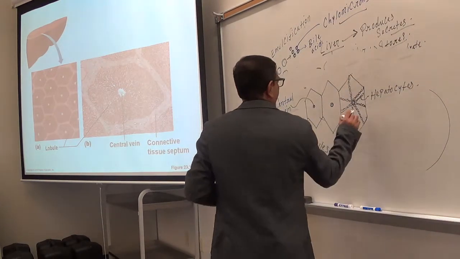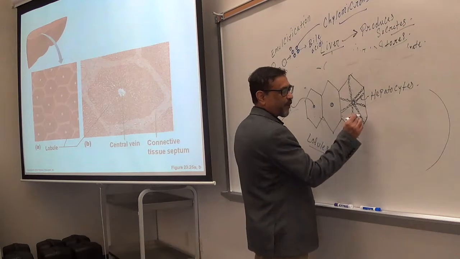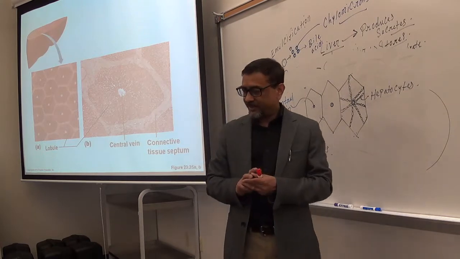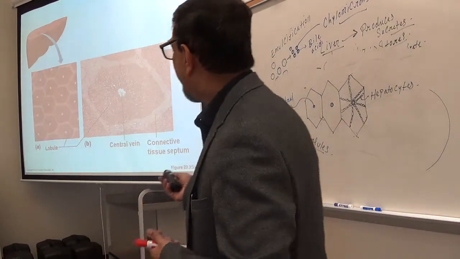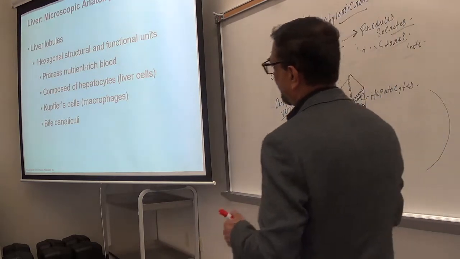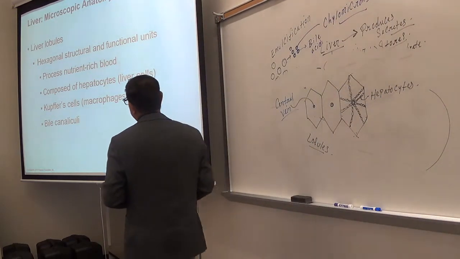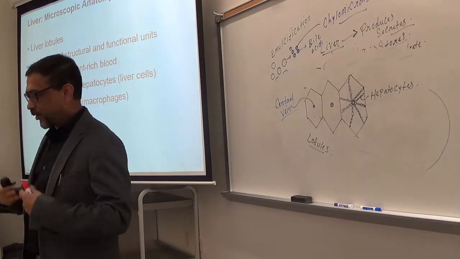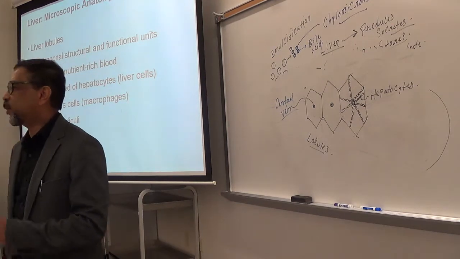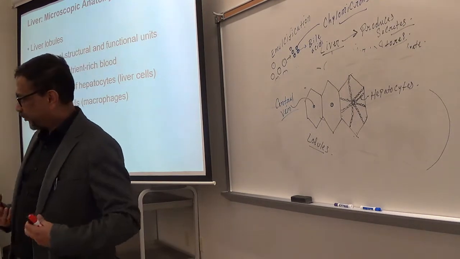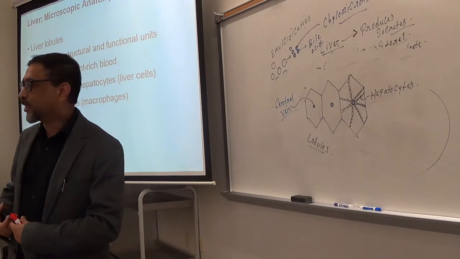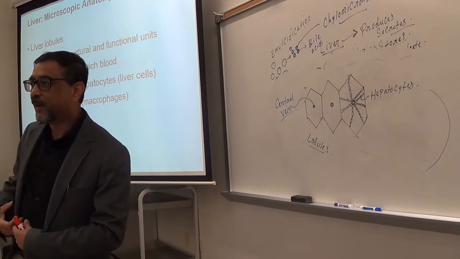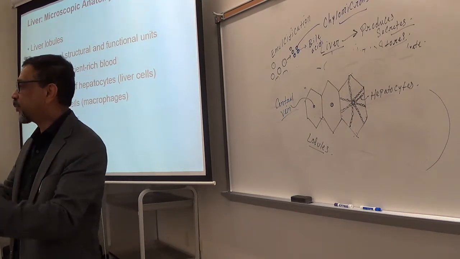Now, hepatocytes are very important cells. Why? Because the hepatocytes secrete the bile I mentioned before, right? Bile is secreted from the liver. And you also remember from the circulatory system, I told you that after the absorption of nutrients, the hepatic portal circulation takes the nutrients to the liver, where the nutrients are first processed.